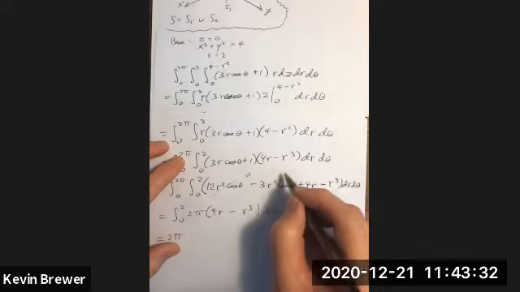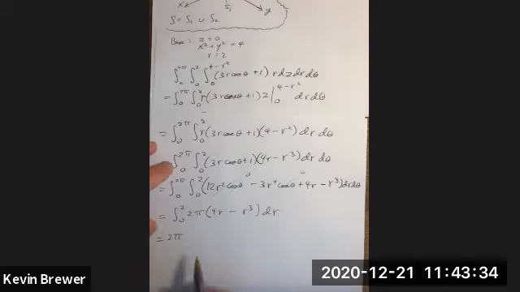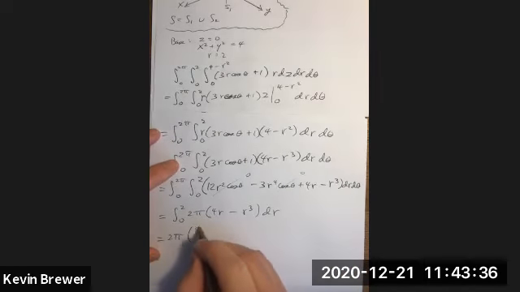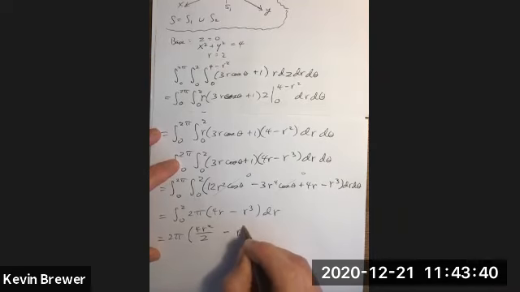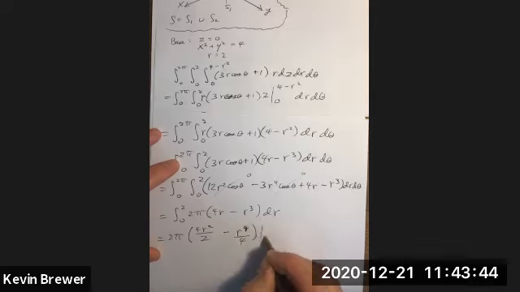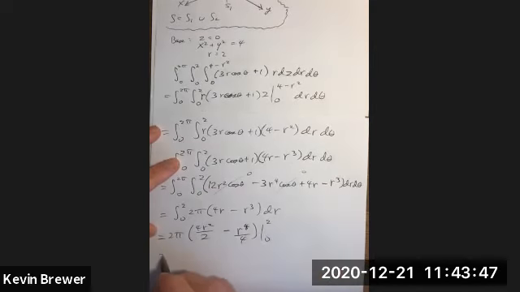But these will integrate to 0. And we got 4r squared over 2 minus, I'm sorry, r to the 4th over 4, 0 to 2.